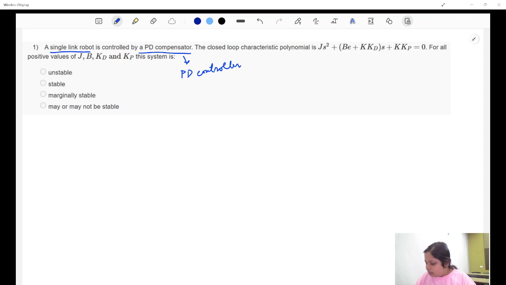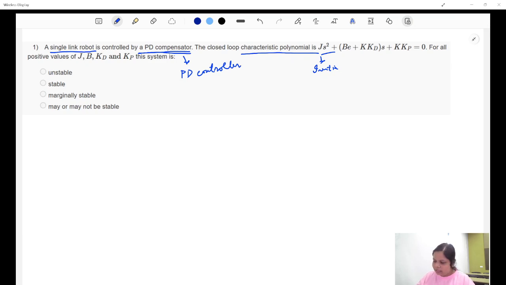A single link robot is controlled by a PD compensator. So the closed loop characteristic polynomial is given by Js squared plus (B plus Kd)s plus Kp. You have Kp and Kd terms already included here.